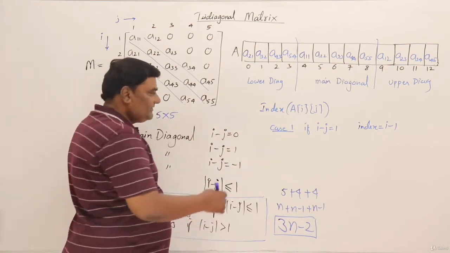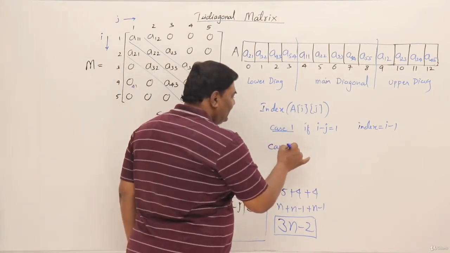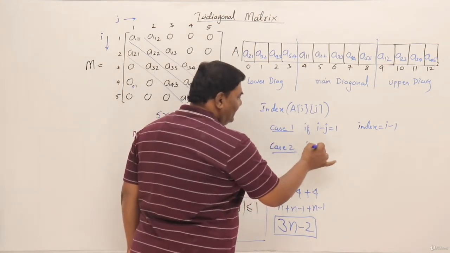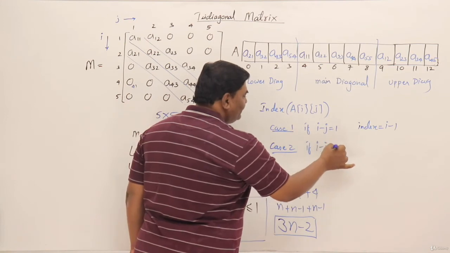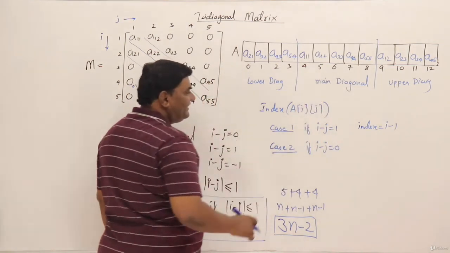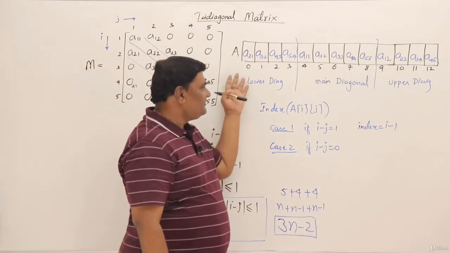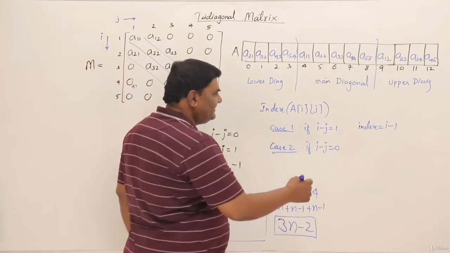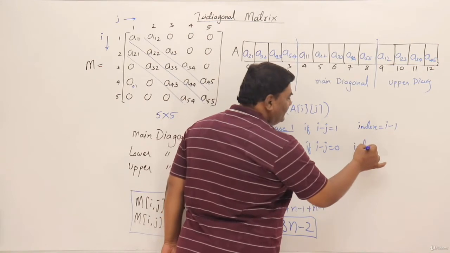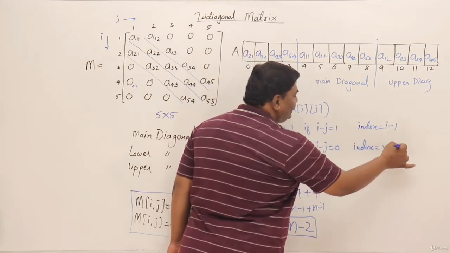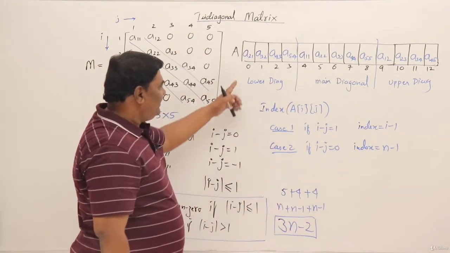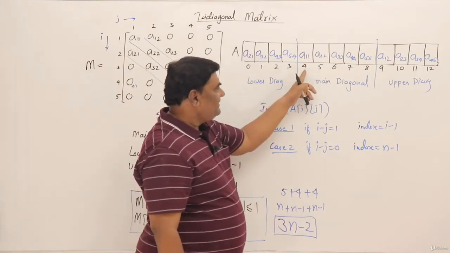Then case 2: if i minus j is equal to 0, we are looking for main diagonal elements. Then first of all I should cross over the lower diagonal elements. How many elements are there in the lower diagonal? We have n minus 1 elements. Once we cross these n minus 1 elements, we are here.